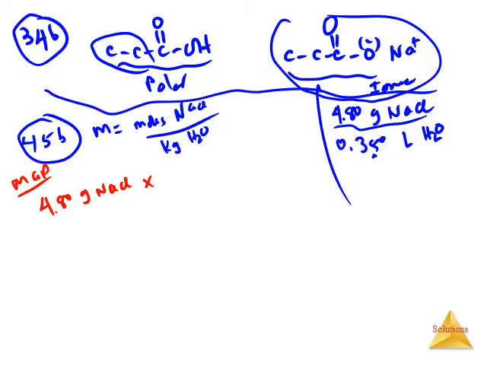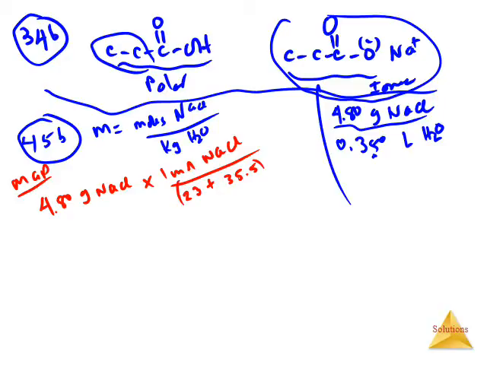Times 1 mole sodium chloride divided by, you look for the mass of sodium and the mass of Cl. The mass of sodium is about 23, and chlorine is 35.5.